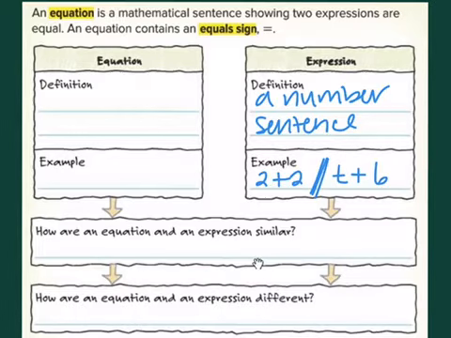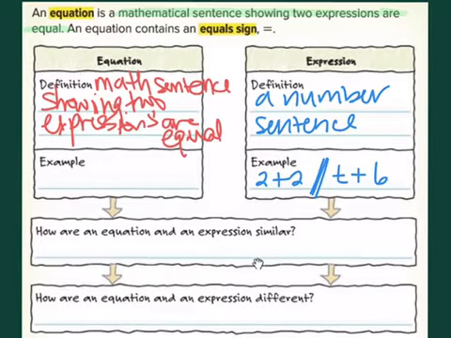If we take a look at our definition for an equation, we want to use this idea that they tell us up here, that it's a mathematical sentence showing that two expressions are equal to one another. So we want to get that written down in our box. When we see the word equation, we should automatically see the word equal sign or equal.